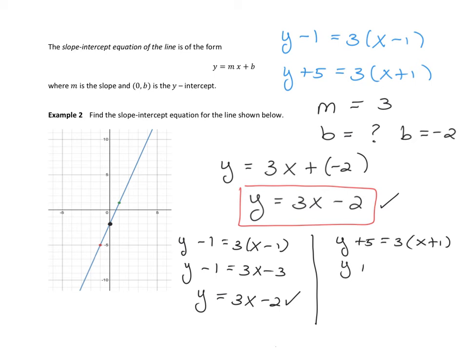If we distribute in the 3, we get 3x plus 3. And if we subtract 5 from both sides of the equation, we again get 3x minus 2. 3 minus 5 is negative 2. So it turns out that all of these equations are in fact the same. But in any case, they all would give you this line if you tried to graph it.